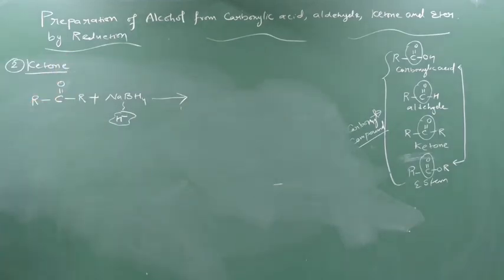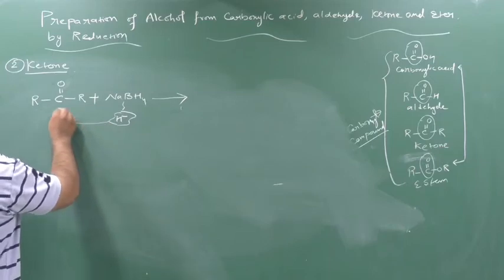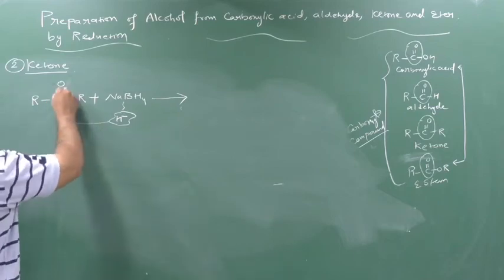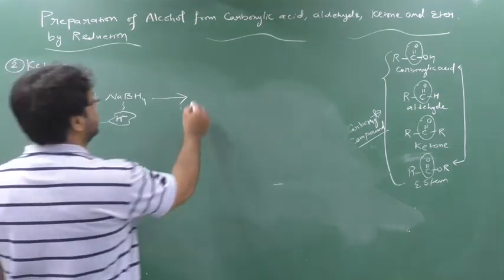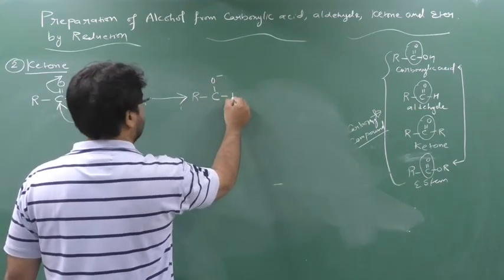Which is the more electronegative element? This oxygen, meaning it will create a partial negative charge, and the carbon a partial positive charge. So this H minus will attack on this carbon. So carbon is making a new bond with this H. To make a new bond, the old bond has to break. This is a pi bond, that's why. So I get here R, C, O minus, here R.